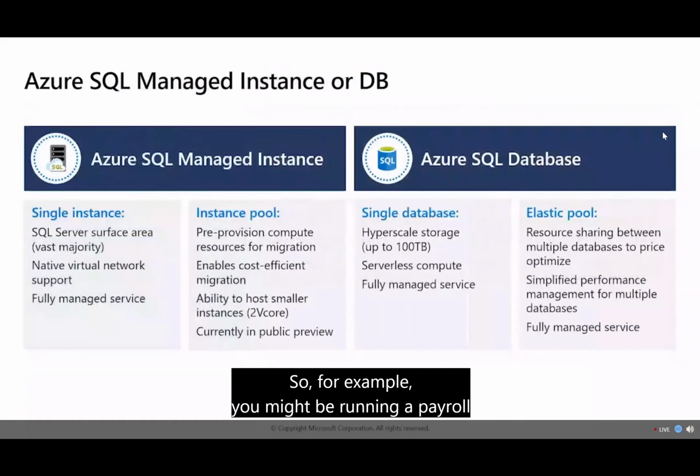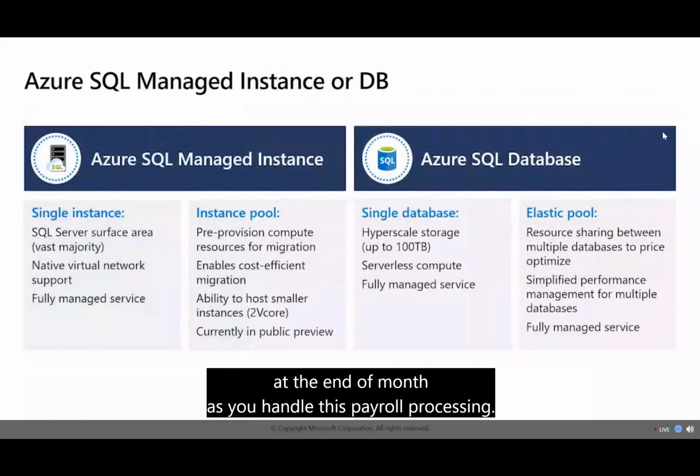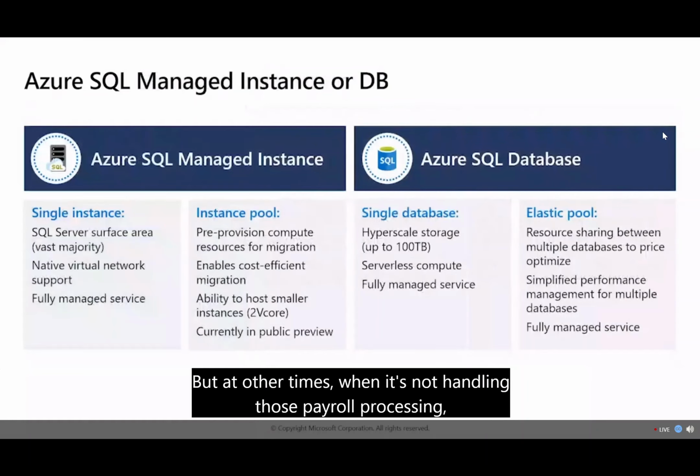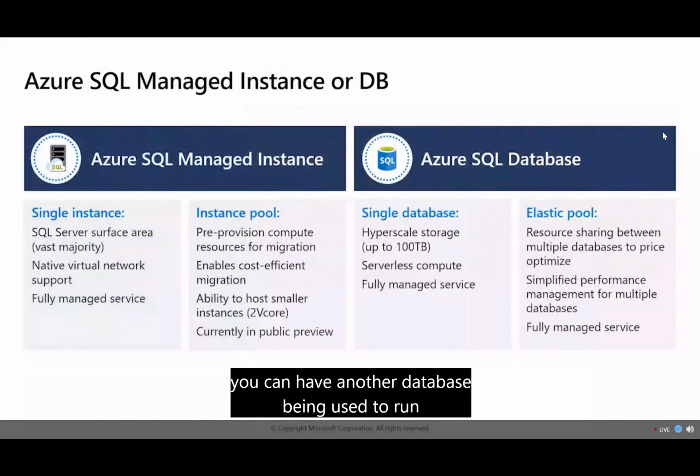So for example, you might be running a payroll database that might require a lot of CPU power at the end of the month as you handle this payroll processing. But at other times, when it's not handling those payroll processing, the database might be less active. And so you can have another database being used to run other operations using those kind of resources.